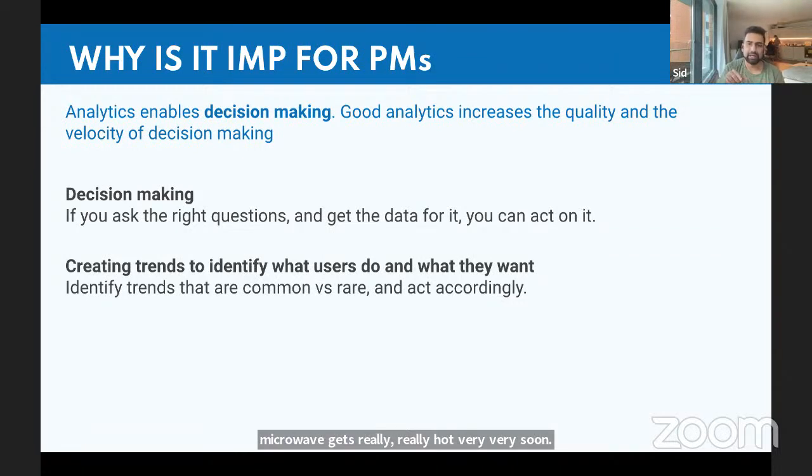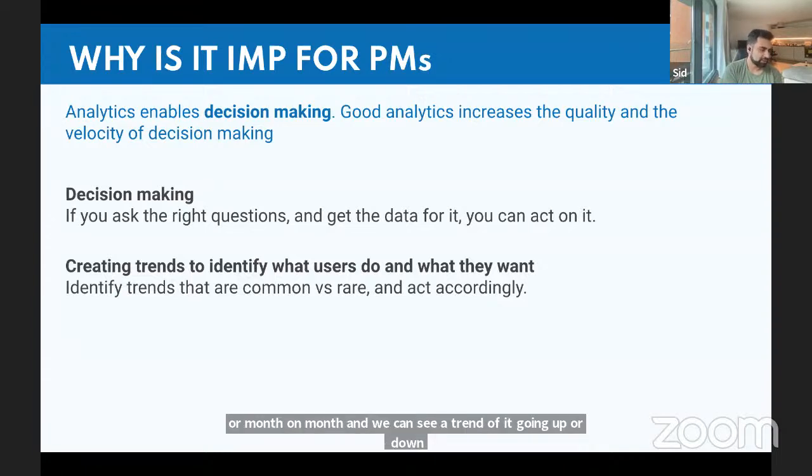So there's clearly a trend, and it usually happens after 3 months of buying. That's a real world example, but in a product example, you could look at, let's say, my adoption rate, year on year or month on month, and we can see a trend of it going up or down. So trends is a very common use case for analytics.